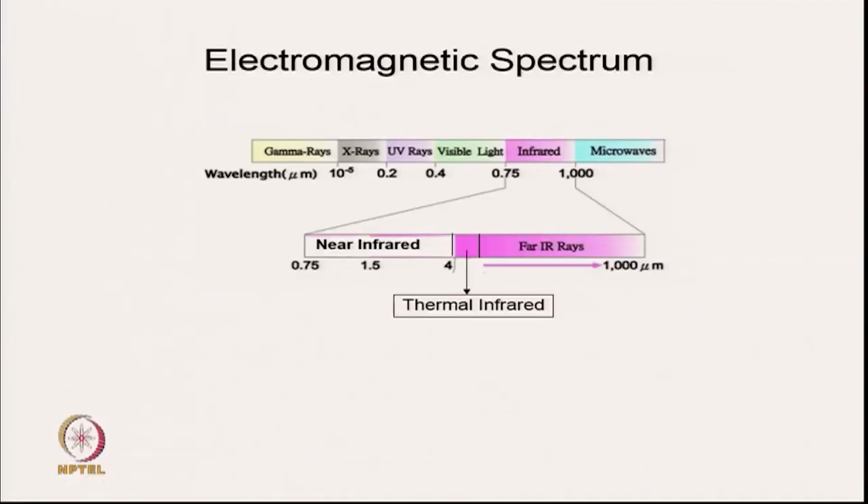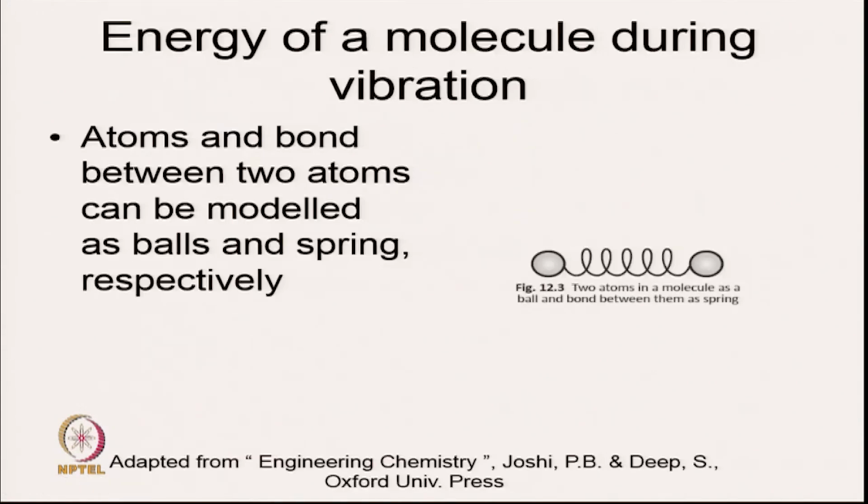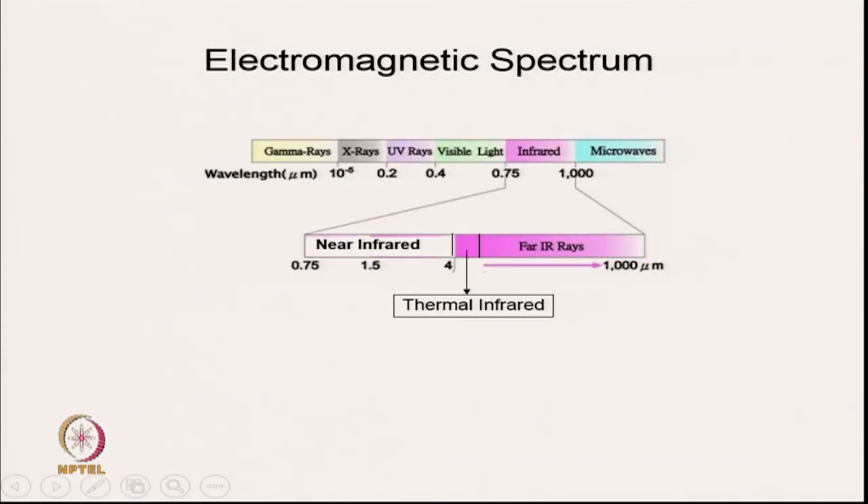So, this is your electromagnetic spectrum, and you can see that the highest energy is of gamma rays, and then X-rays. IR comes between wavelengths of 0.75 micrometer to 1000 micrometer. Infrared is divided into three different regions.